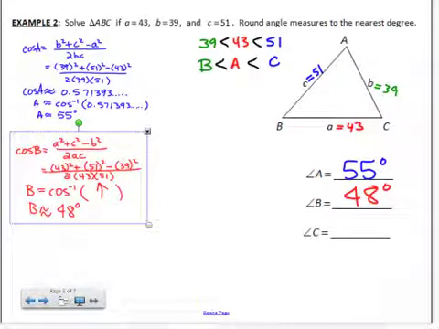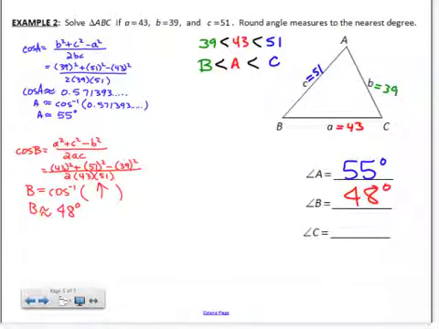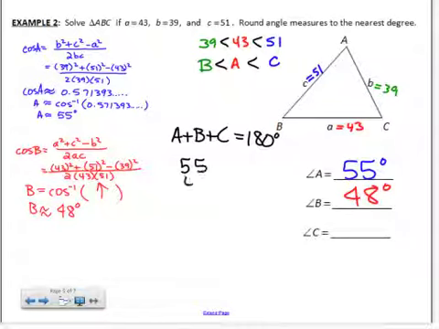Okay. How should we find C? Well, there's an easy way and a hard way. You can either do the whole thing again and find the cosine of C and then solve for C, or you can know that the sum of the triangle's angles equals 180, and so you would use 55 and 48, and you would get 103.